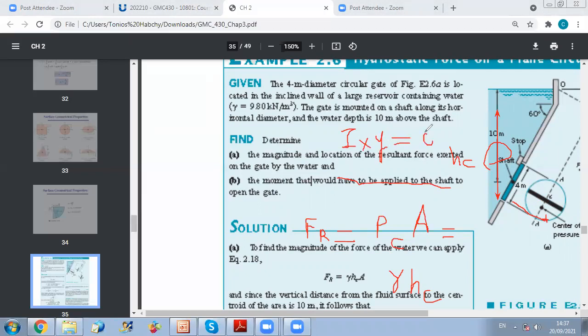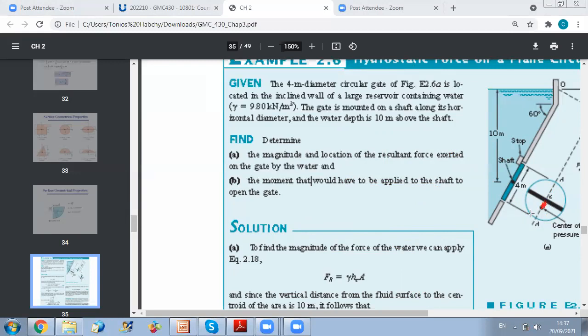So what can you deduce? Your center of pressure will have the same x as the centroid, so they will both be along this line. You only have to find the center of pressure location below C, so it will be, of course, below C.